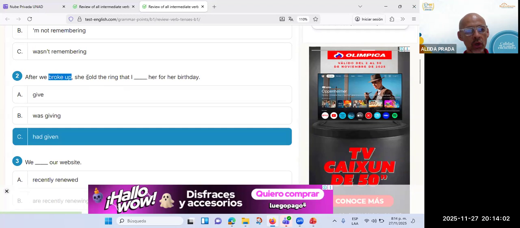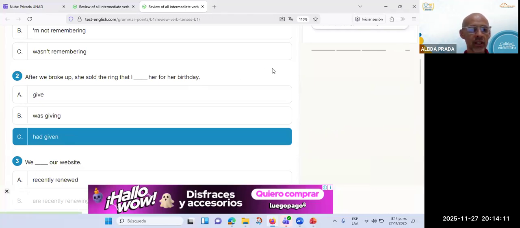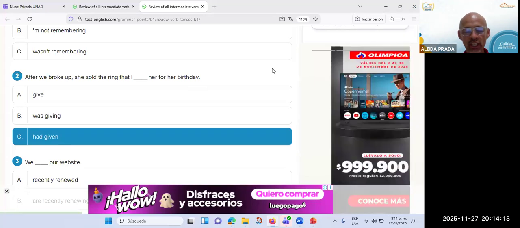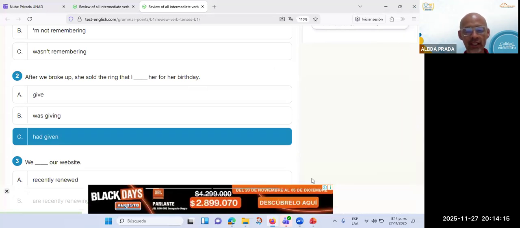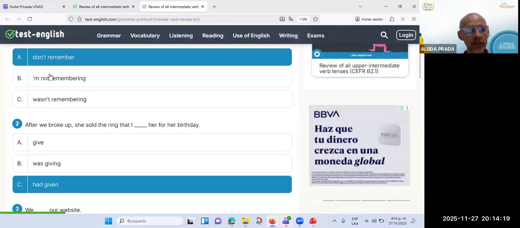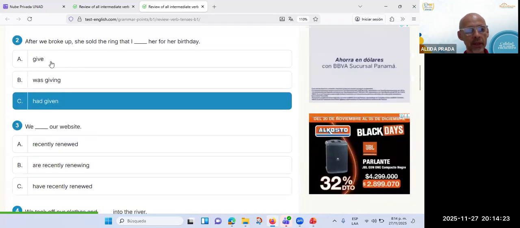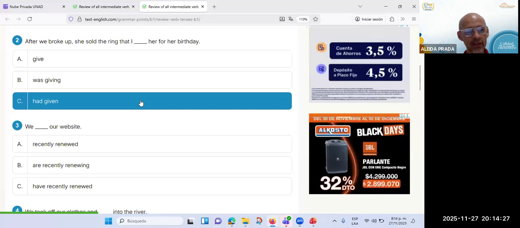She sold, it's past, the ring that I had given her for her birthday. And that's right. So here we are checking out different tenses in English: present, present progressive, past progressive, past perfect, okay?